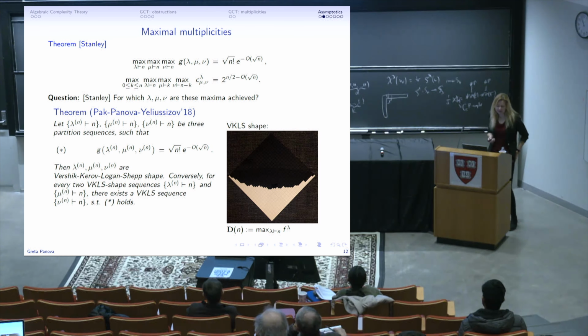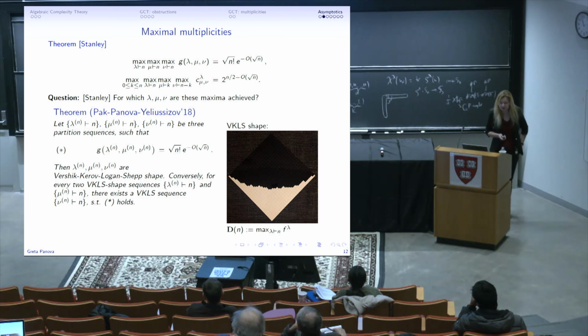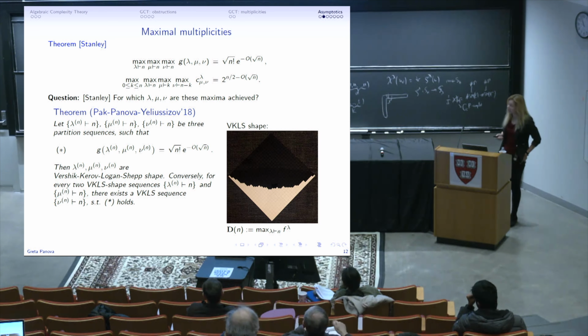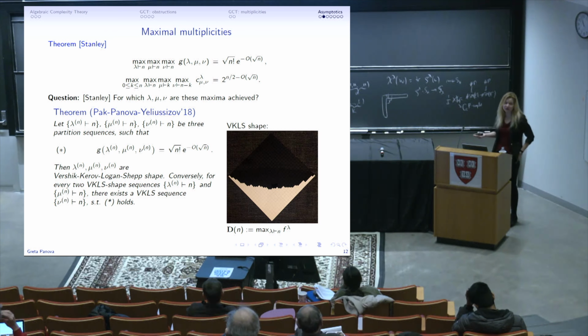So they should be somewhere near there if we're looking for a maximal Kronecker coefficient. But we cannot say that for all three: if we have three partitions and they are all somewhere near this shape, we cannot say anything about that particular Kronecker coefficient. So this is an existence statement.